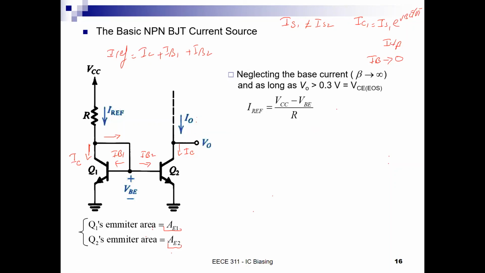okay, we start to write the current equations. IREF is VCC minus VBE over R. This is clear because of the short. IC1 equal IS1 e to the VBE over VT, and IC2 equal IS2 e to the VBE over VT.